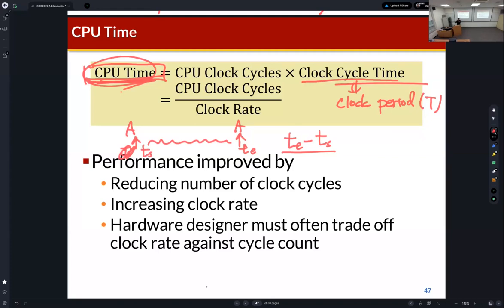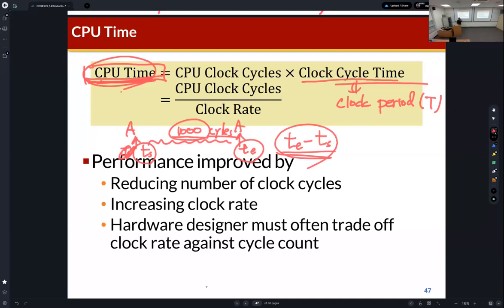Then we can represent the CPU time using the clock period and the number of clock cycles. We can count the clock cycles between t end and t start. For example, if the clock count is 1,000, there are 1,000 clock cycles between t end and t start. Then how can we calculate the response time?